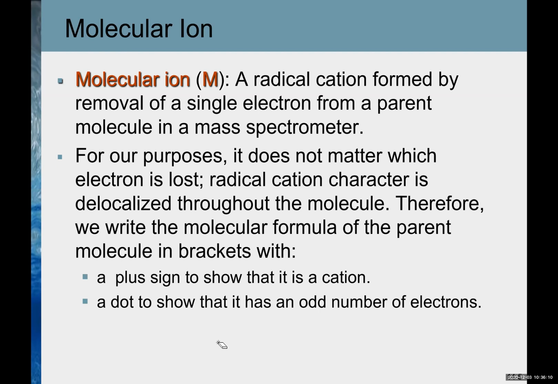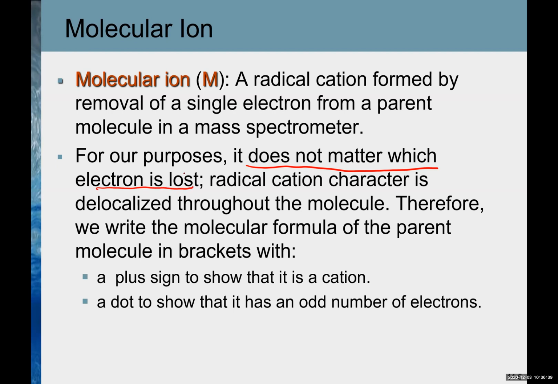So molecular ion is the radical cation which is formed by removal of a single electron. Like I said, we don't know which electron is going to be removed. There are 8 bonding electrons, and in some other molecules, there might be double bonds or pi electrons, there might be lone pairs. So we don't know which electron is going to move, but for our purposes, it does not matter which electron is lost.